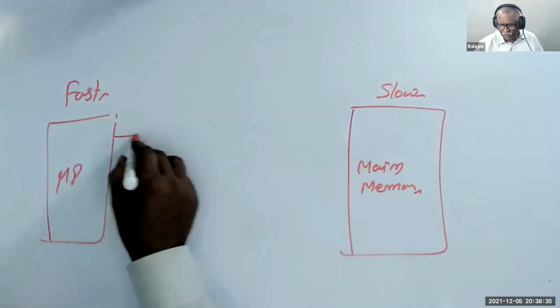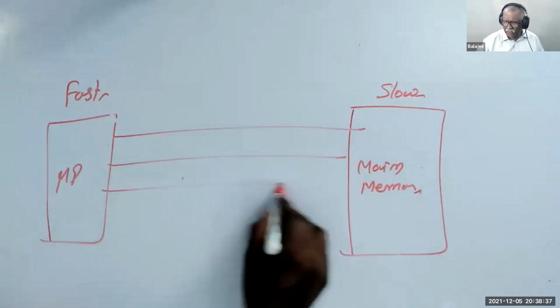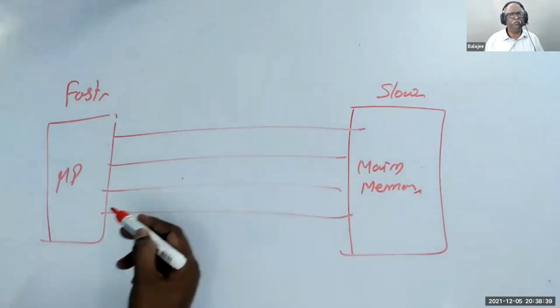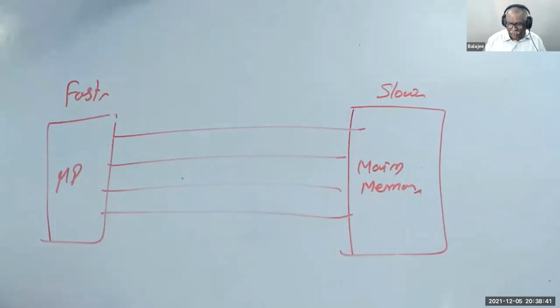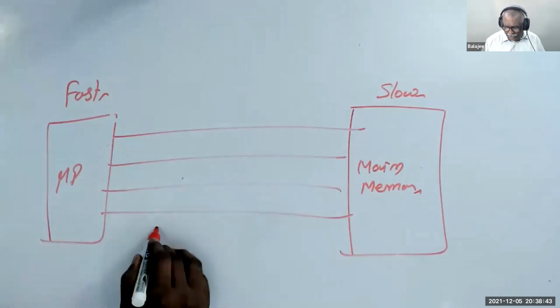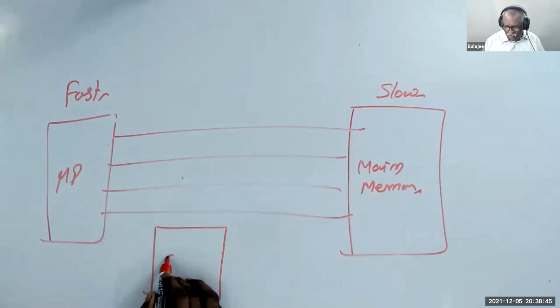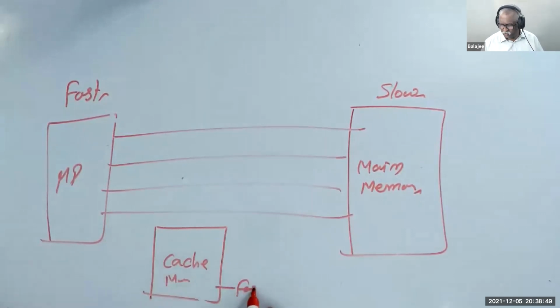So I give address, I give data, everything, and this guy will respond very slowly. So what we have done is add one more thing called cache memory. This is a fast memory. In the initial days, this cache memory used to be outside the chip.